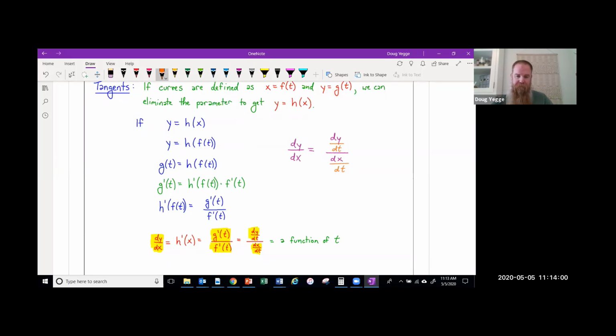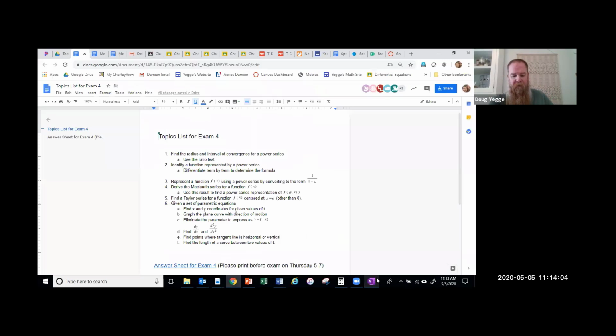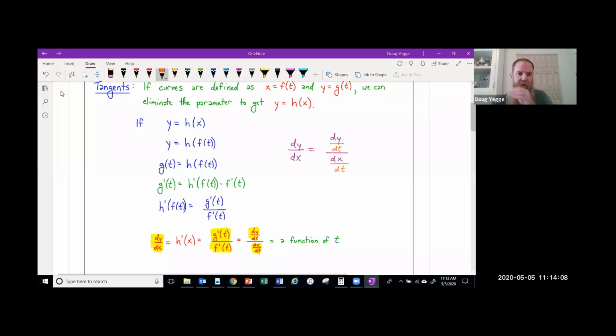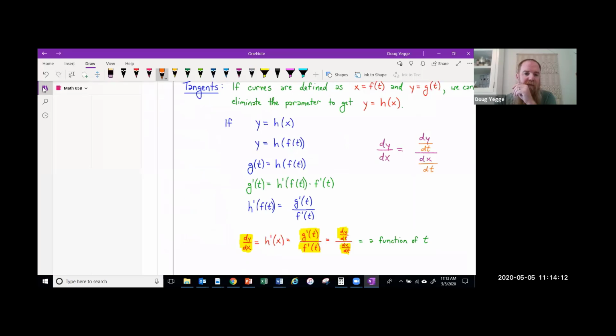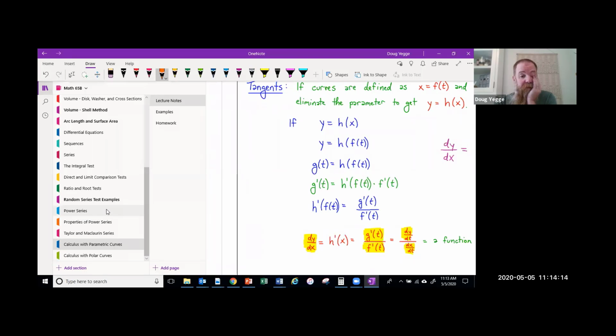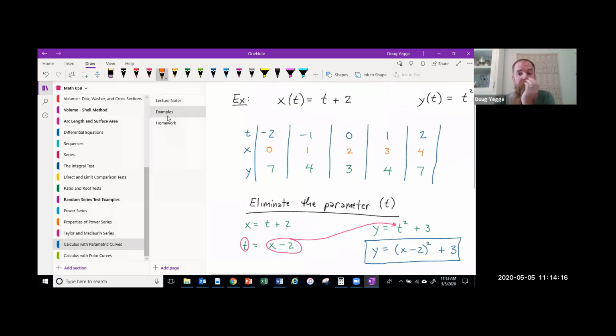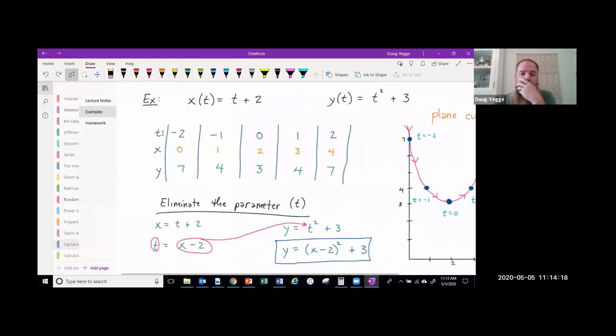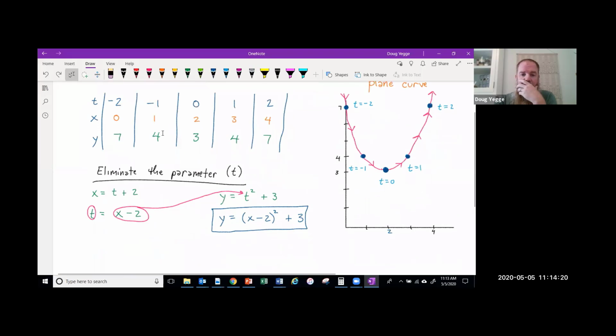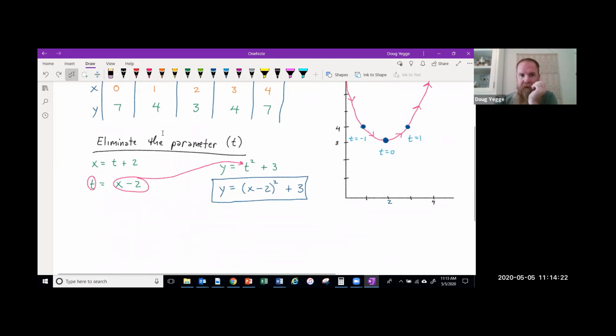All right, well, let's go ahead and go back to our example then. This example we had back here, if we want to find the derivative of this set of parametric curves, then I could go back down here and just say, let's find dy dx.